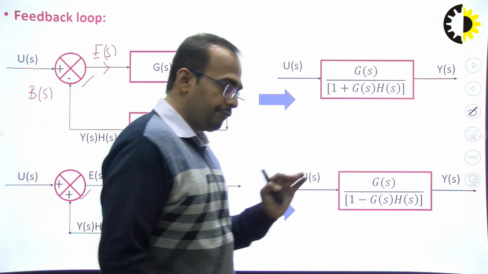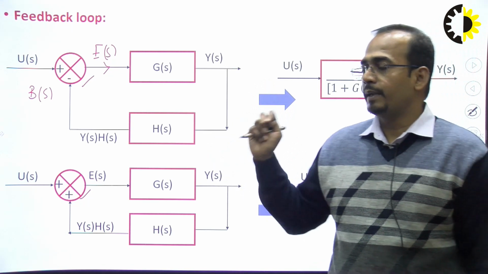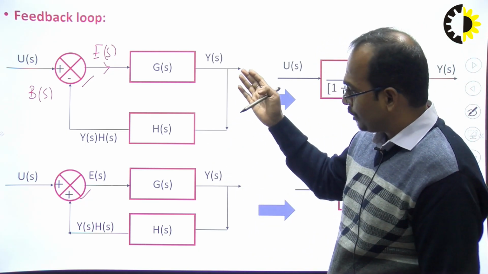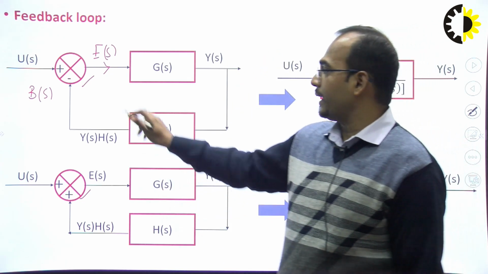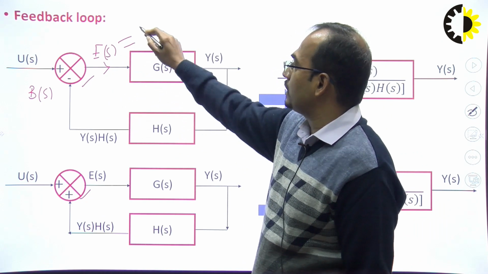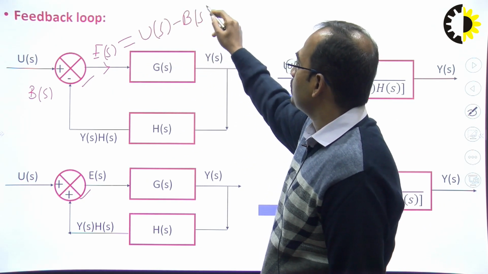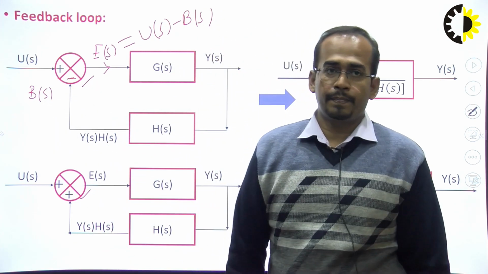So you can derive the output for both positive and negative feedback systems, but for this you have to find the output of each path. E(s) is nothing but U(s) minus B(s), because we have taken a negative feedback system.